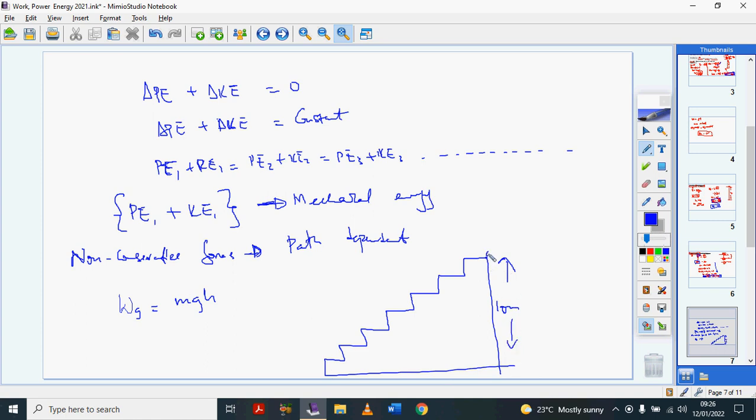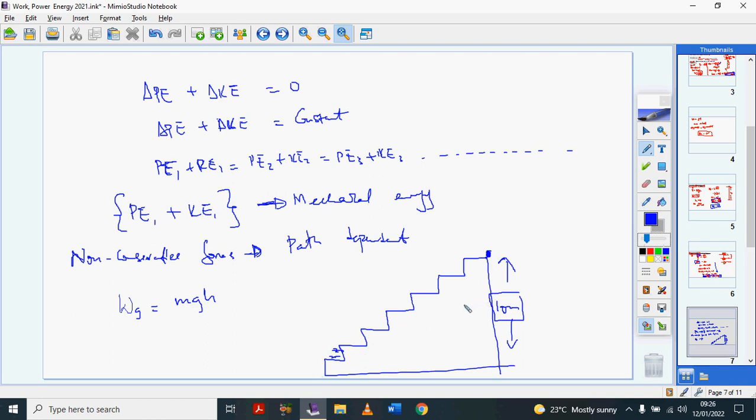The gravitational potential energy you have here is going to be calculated by mass times gravity times height, this height here. Even if each stair was 20 centimeters horizontally and 20 centimeters vertically, it doesn't matter what path you took to get here.